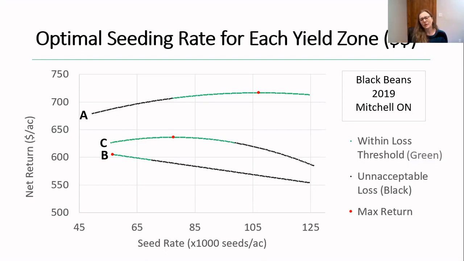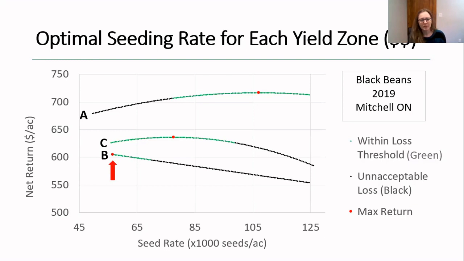Okay, so this is one of the black bean fields, but more or less represents what we saw in all of the white and black bean fields. And as you'll see, for starters, this is one of the cases where the C zone that's supposed to be the lowest yielding zone wasn't the lowest yielding zone. So we'll start at the bottom curve here.